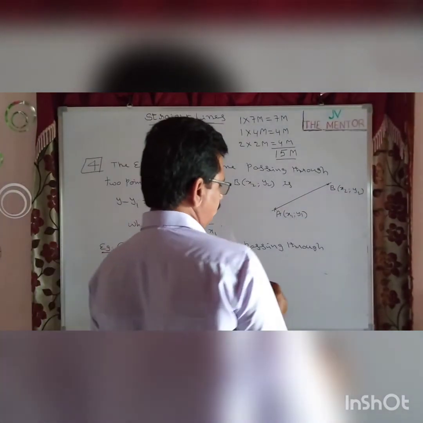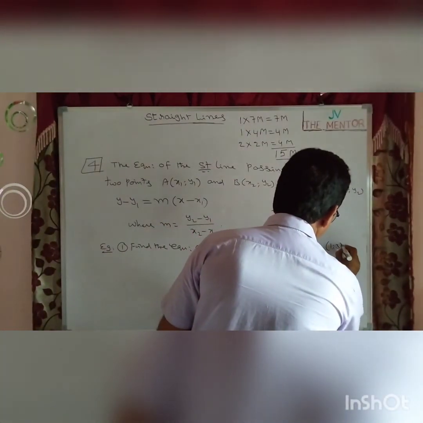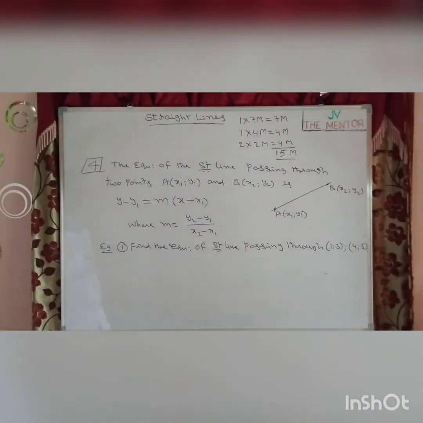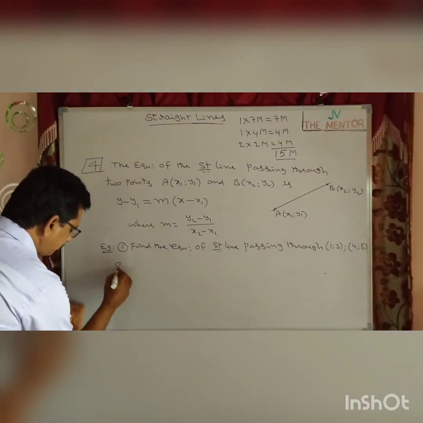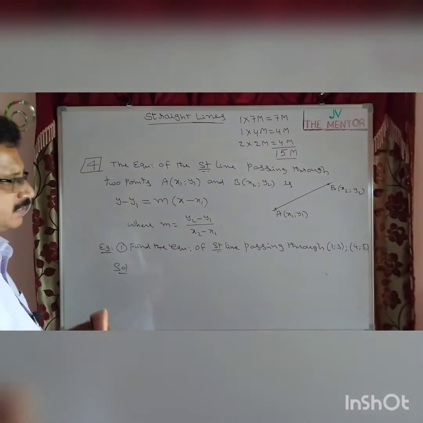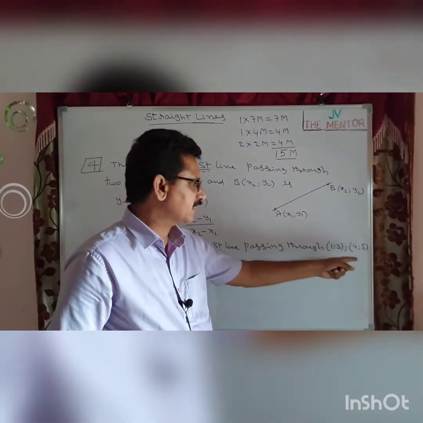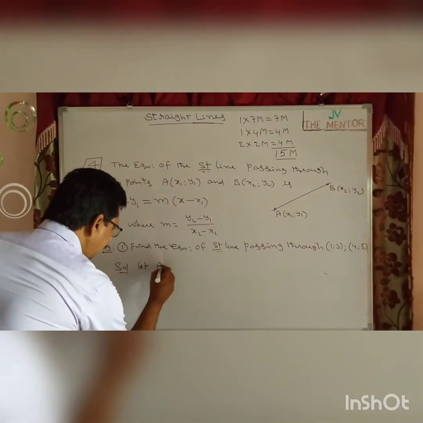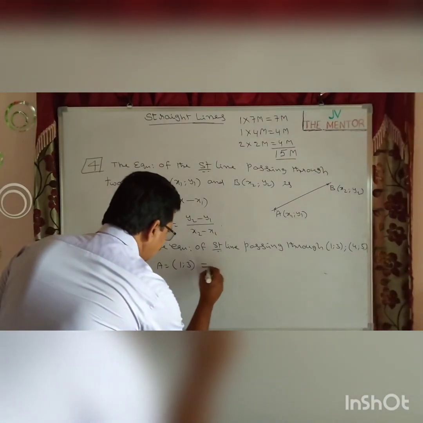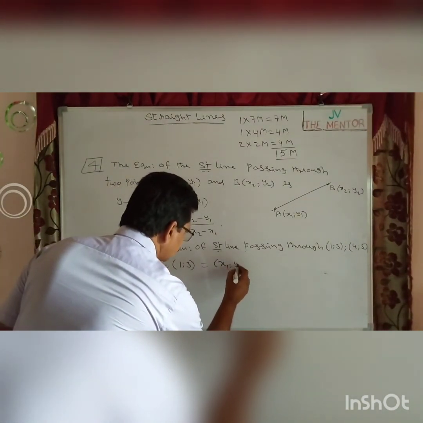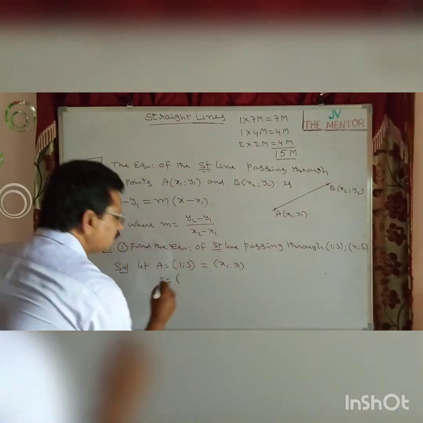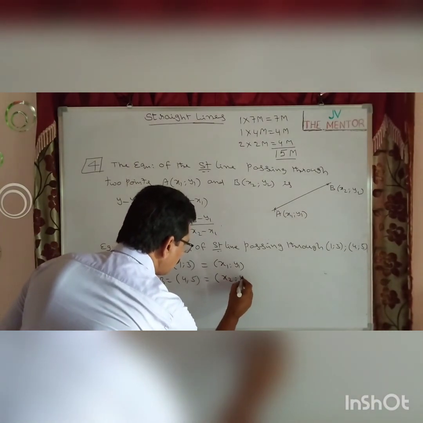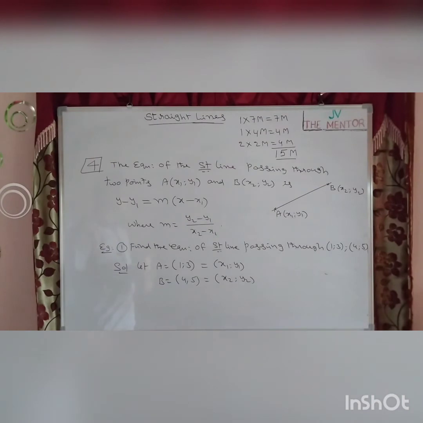the 2 points (1, 3) and (4, 5). Okay, solution. Let the given points, first one is A and the second one is B. Let A equal to (1, 3), let it be (x1, y1). B equal to (4, 5), let it be (x2, y2). First we will find the slope.